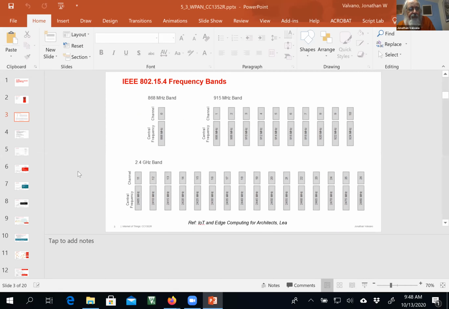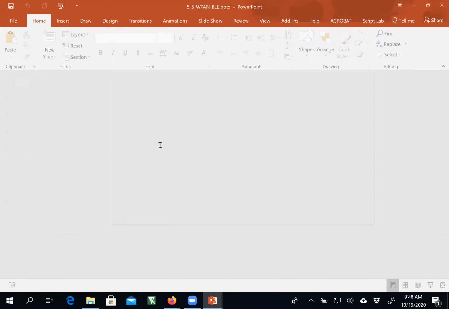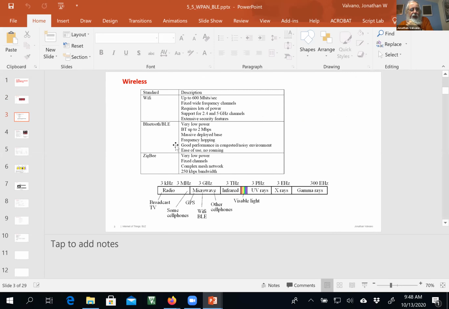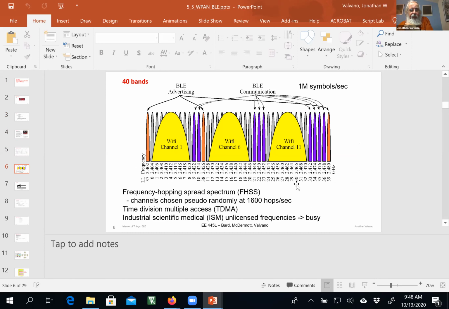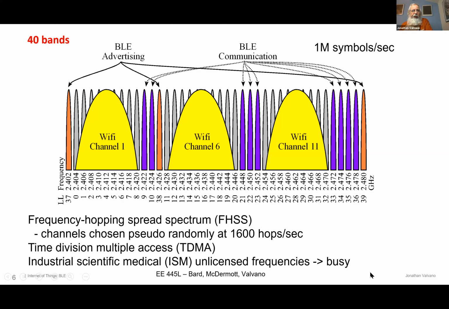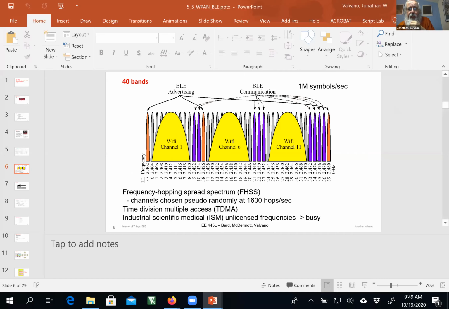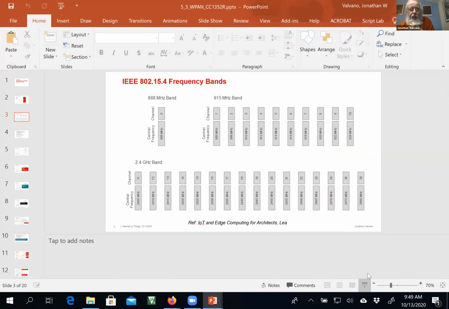In the BLE, which is obviously a couple of slides off, these are the same frequencies, and you can see there are 40 channels of BLE in that same band, and 3 channels of Wi-Fi. So in that same frequency, 40 bands of BLE, 3 channels of Wi-Fi, and 10 channels of sub-gigahertz. Is that the question you asked?